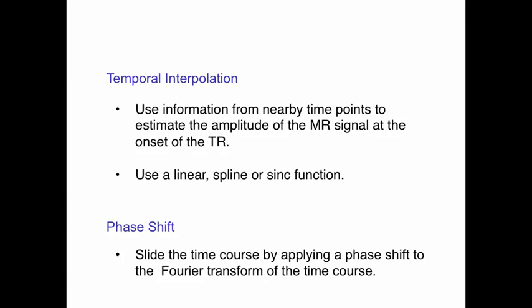You can also use ideas from Fourier analysis to slide the time course by applying what's called a phase shift. So slice time correction, a lot of people don't perform slice time correction. Instead, they incorporate the differences in measurement time in their subsequent models. And so we'll talk about both of these ideas later on when we talk about statistical models.